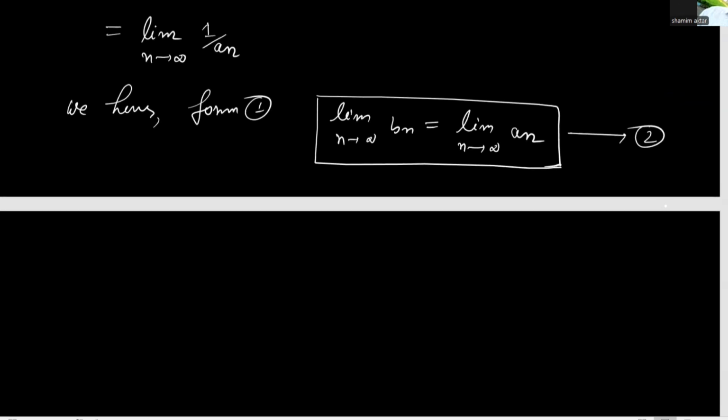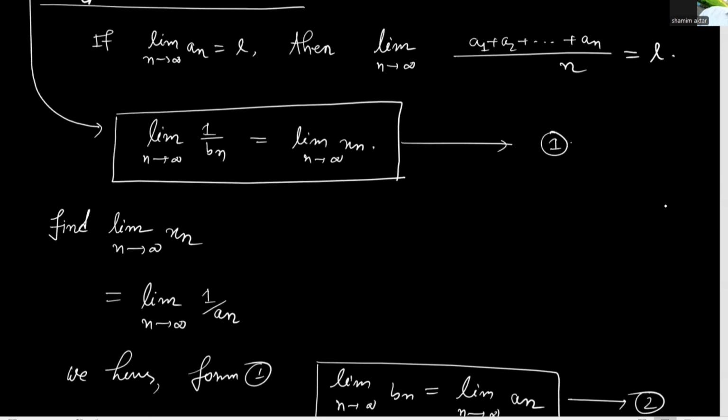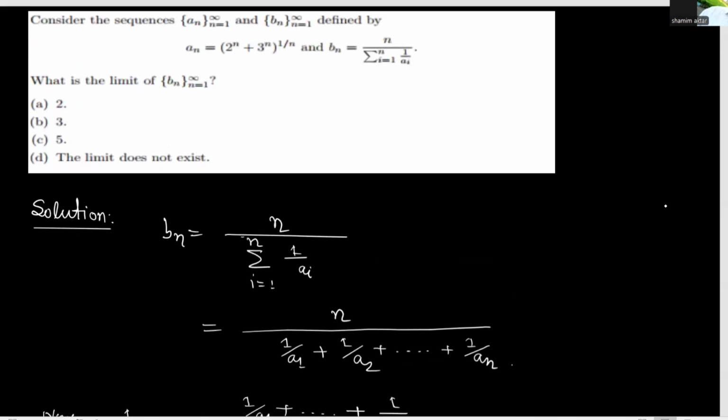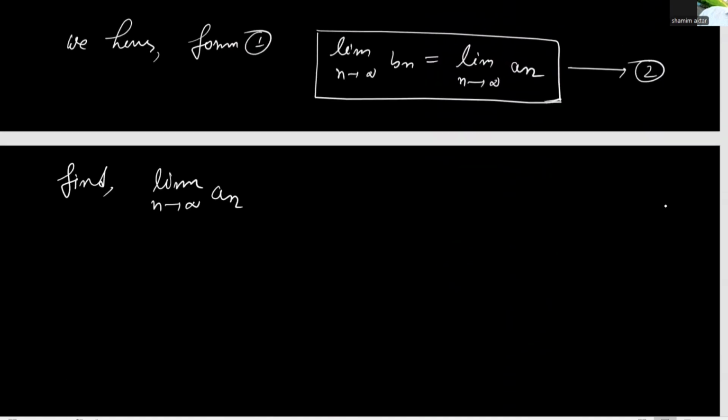Now we find the limit of a_n. Here, given a_n equals (2^n + 3^n) to the power 1 by n, this equals the limit as n tends to infinity of (2^n + 3^n)^(1/n).